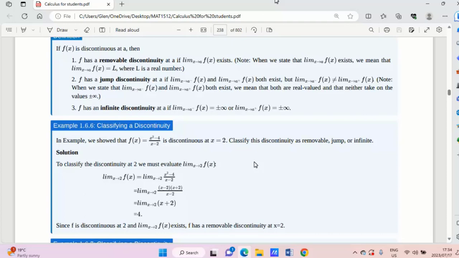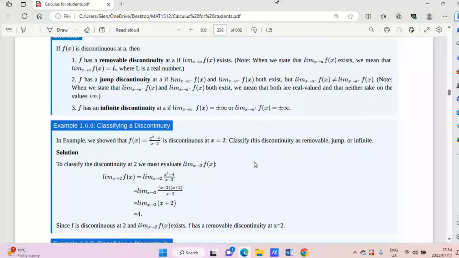Even if we were not told, if we substitute 2 and get 0 in the denominator, can that be used to find if a function is continuous or discontinuous before we jump into the types of discontinuity? Yes, I hear what you are saying, Abdul.